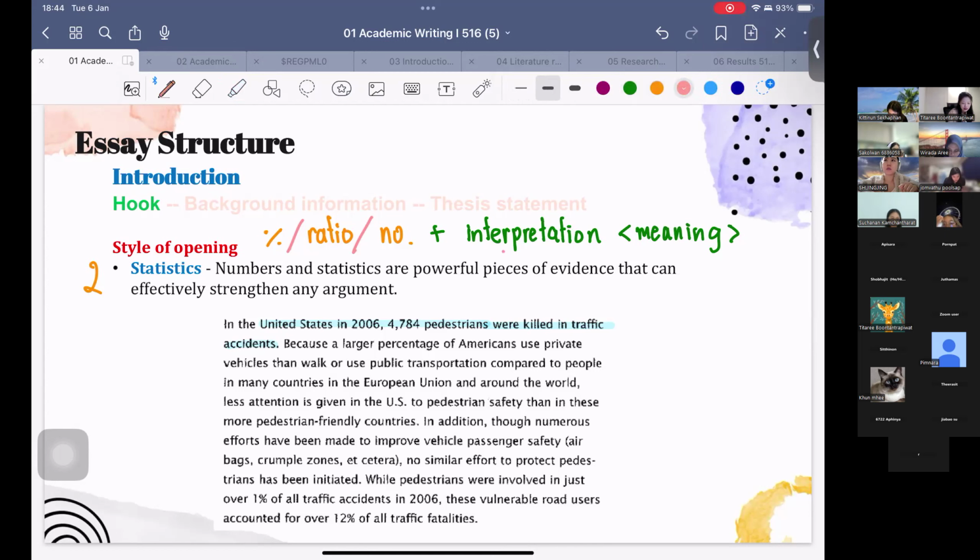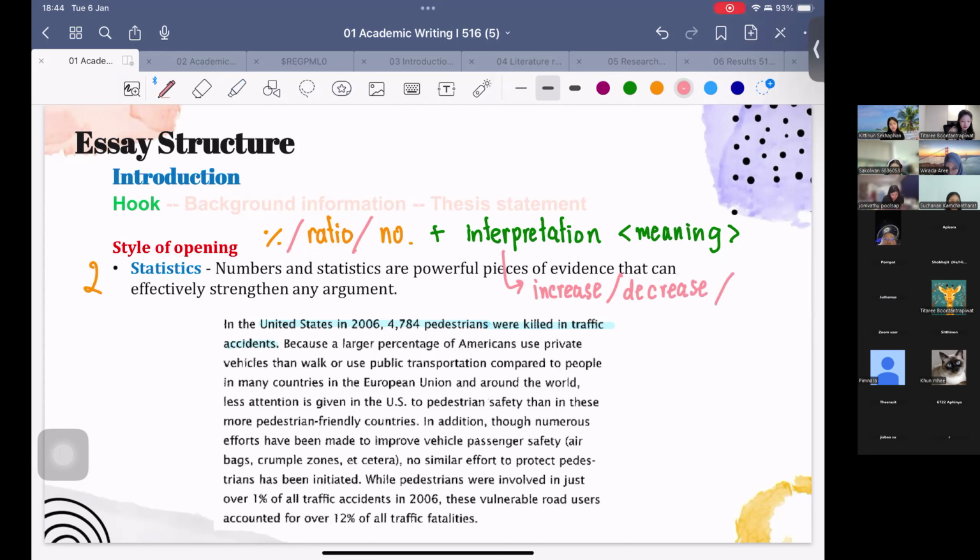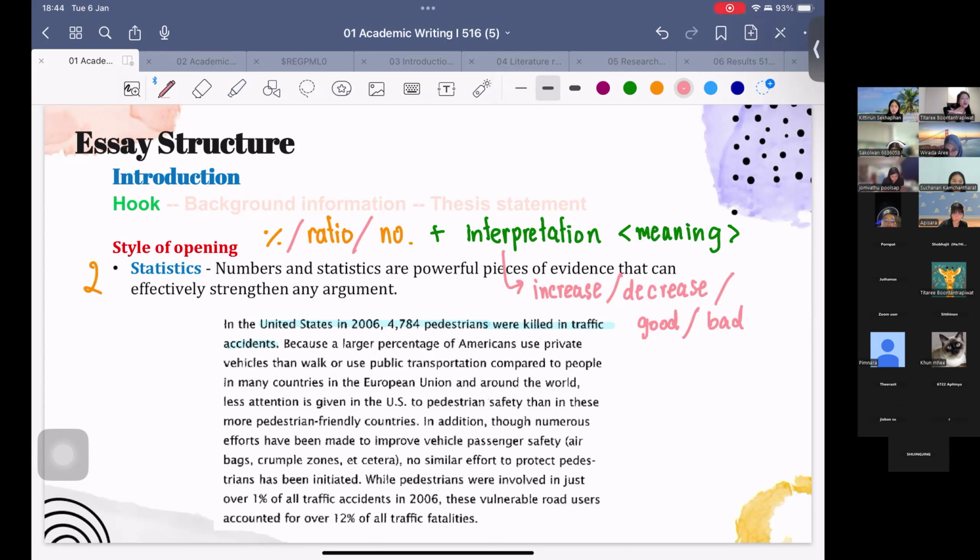Something like, the number shows an increase, the number shows a decrease. The number means good or bad. Don't write the word good or bad. In research writing, no. We don't write the word good or bad in the introductions for research writing. But I hope you understand.